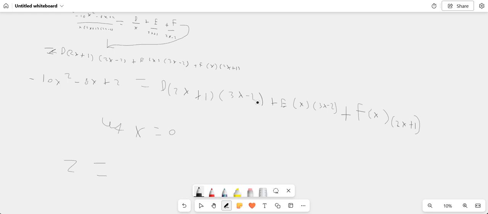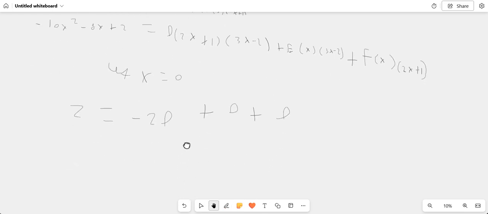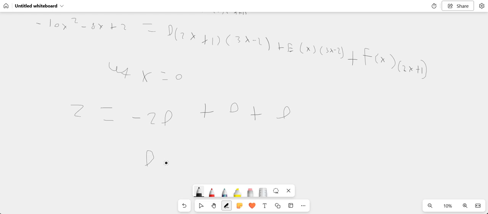And the other bracket is going to be 1: 2 times 0 is 0, plus 1 is 1, and it's times minus 2. So it's 1 times minus 2, which is minus 2, so minus 2D. Now the other two have the x bracket, so they just become 0. Therefore D is equal to minus 1.